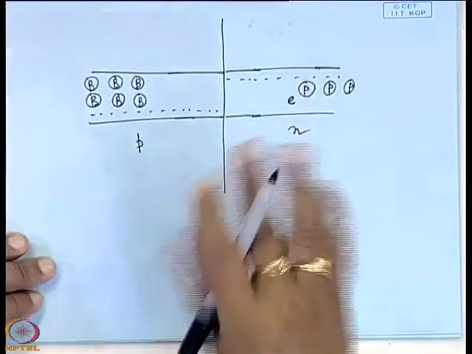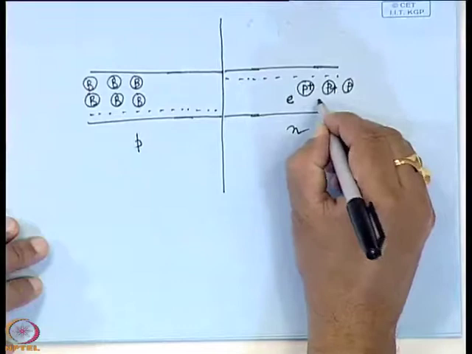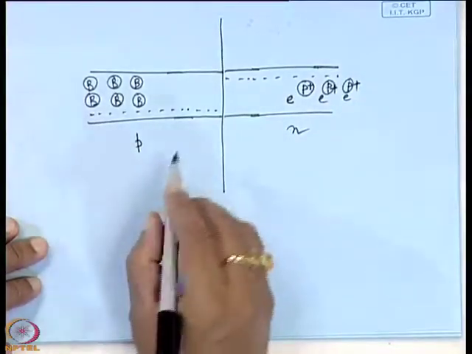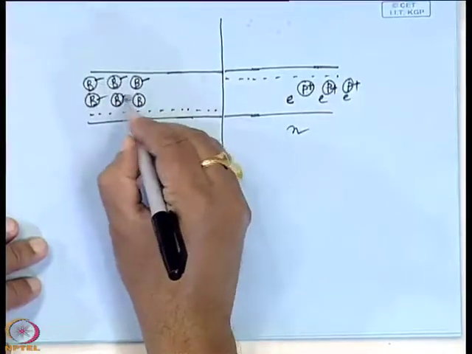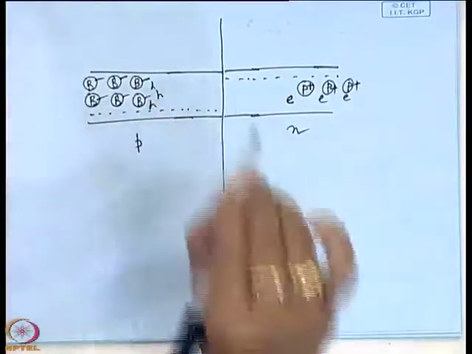Because leaving of an electron, or absence of an electron, is considered positive. Similarly, boron will be negatively charged. Why? Because positively charged particles, holes, will be donated to the crystal lattice.